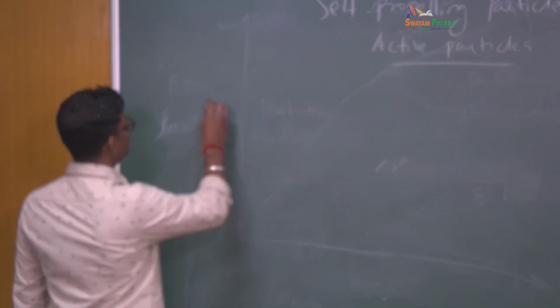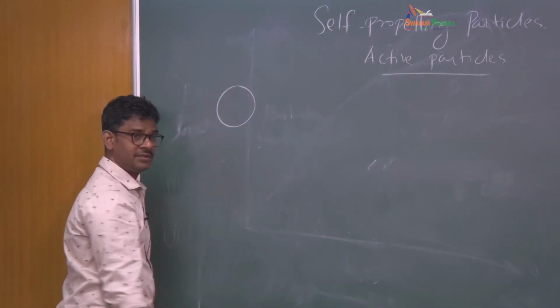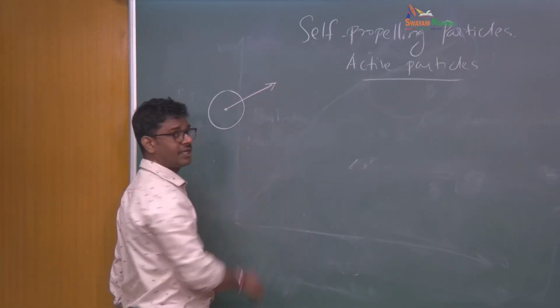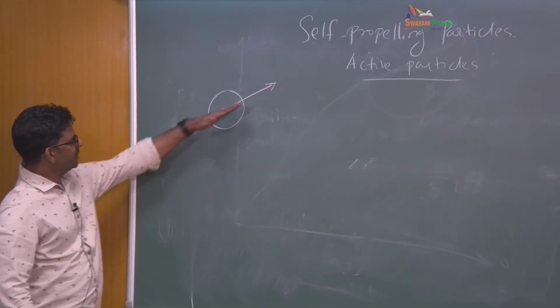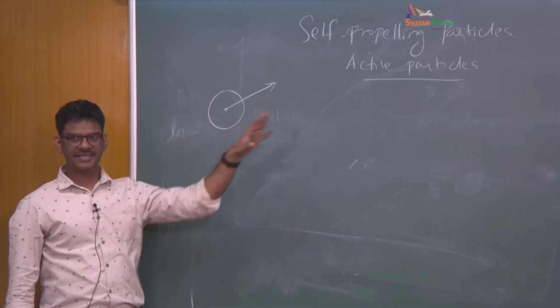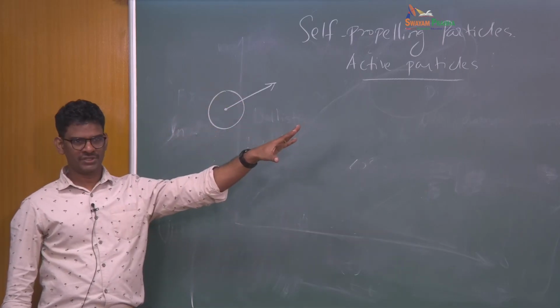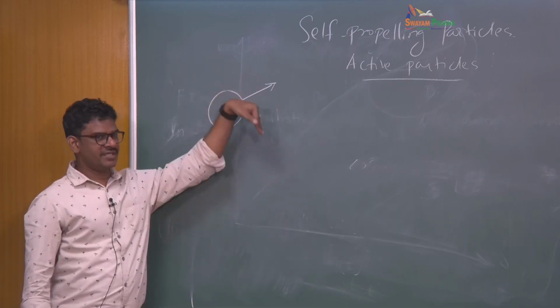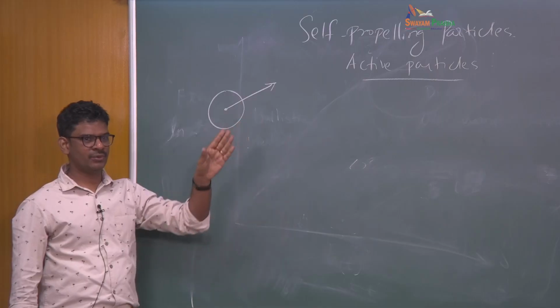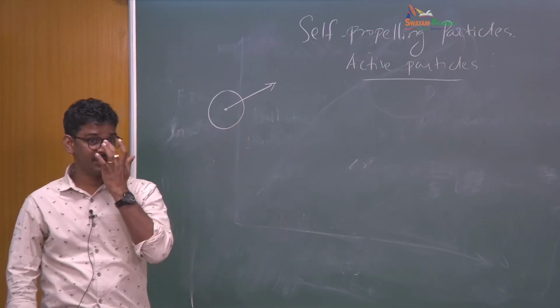So for simplicity, we will think about a circle in 2 dimensions, and then we will associate a direction to this, and this direction is a random variable. This particle translates due to Brownian motion. The particle can also change the orientation, because there is an internal mechanism for it. In fact, there is a nice book called Physics of Foraging.